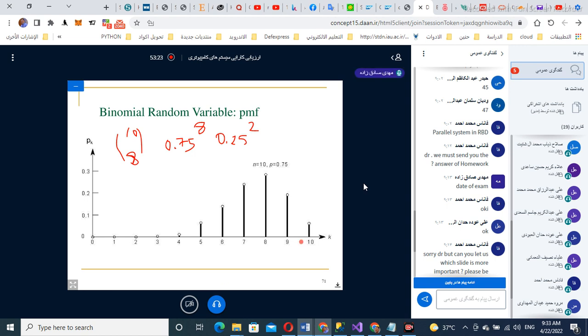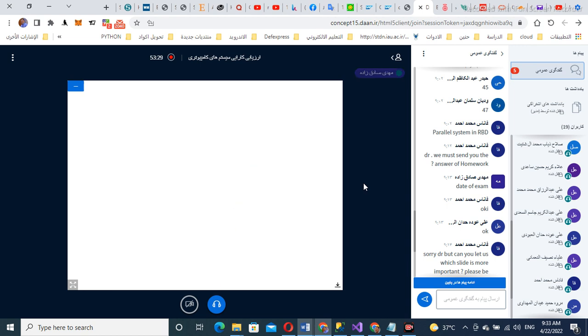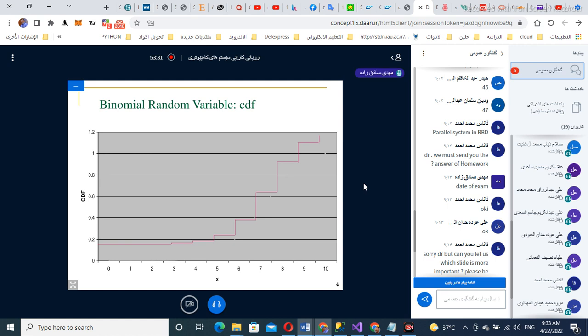If you calculate this, that is approximately here. But summation of this is equal to 1. And here for the binomial, you can see the CDF of this in this figure.